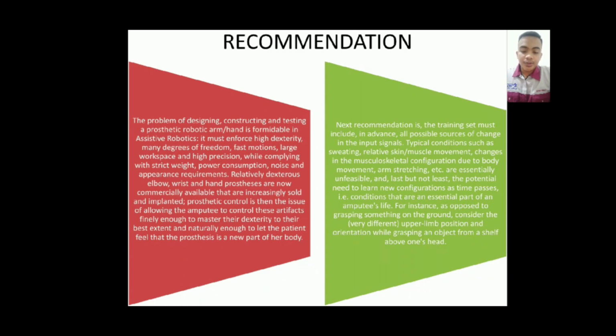Relatively dexterous elbow, wrist and hand prosthetics are now commercially available. Prosthetic control is then the issue of allowing the amputee to control this artifact finely enough to master their dexterity to the fullest extent and naturally enough to let the patient feel the prosthetic is a part of the body.